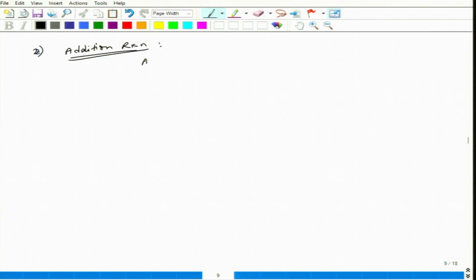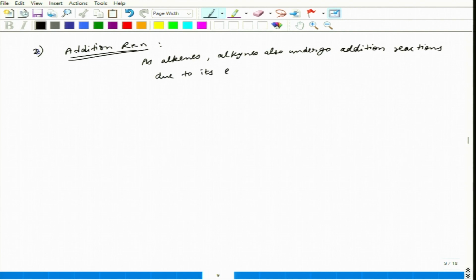So, like alkenes, alkynes also undergo addition reactions due to their electron rich behavior, the presence of 2 pi bonds.